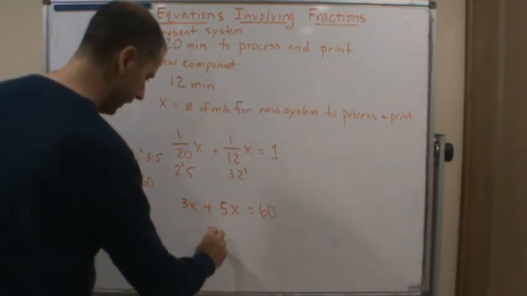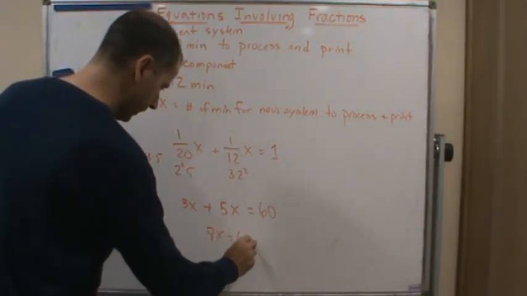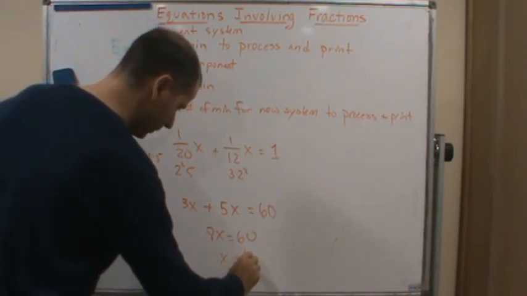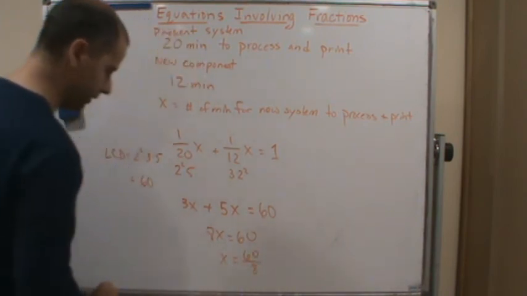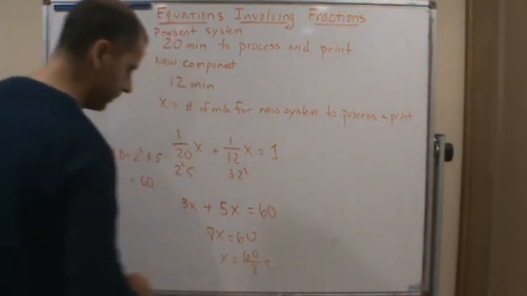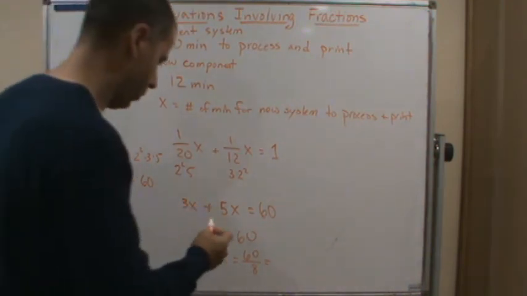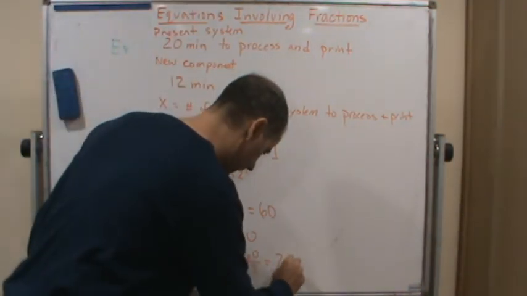And so 8x equals 60, and then x equals 60 divided by 8. If you stick it in your calculator, you get 7.5 minutes. Or you could just do it in your head. So 7.5 minutes.